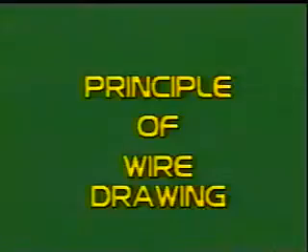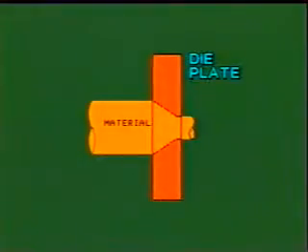Another method of metal forming is wire drawing. In this process too, attention is directed towards its principle. A rod or wire of larger diameter is pulled through a die plate.